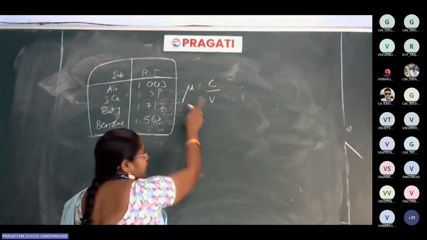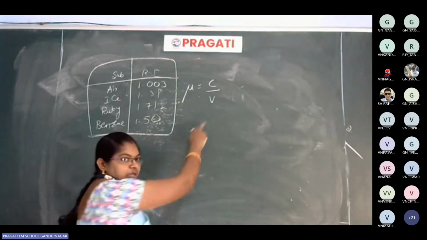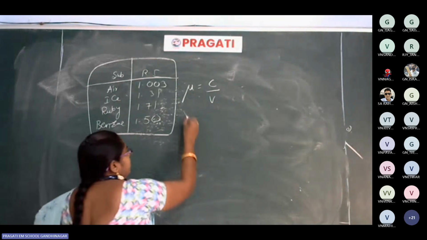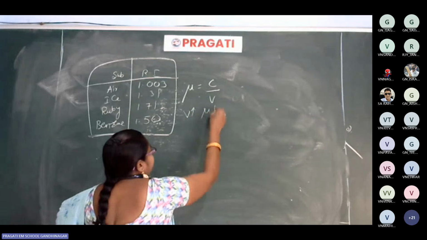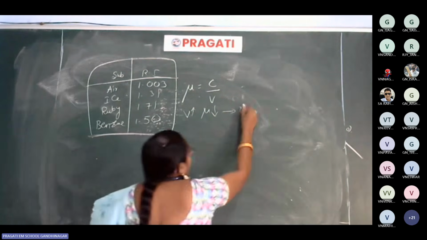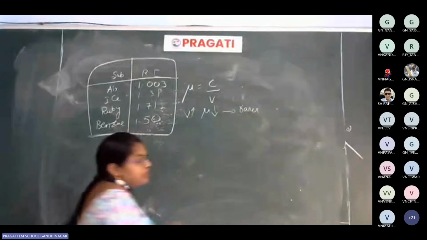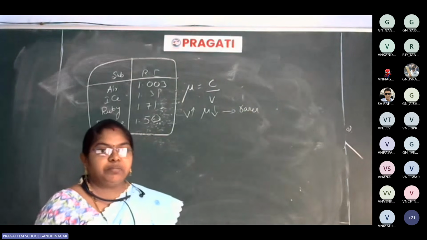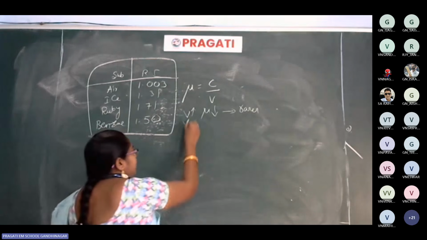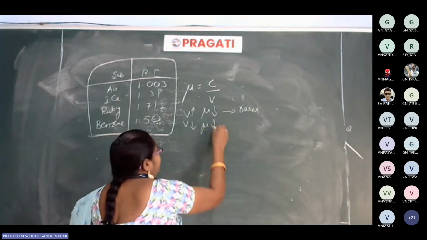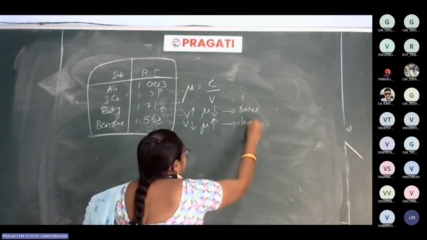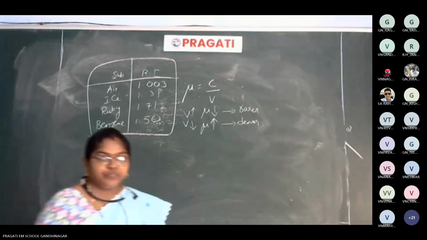These two are inversely proportional. If velocity increases, automatically refractive index decreases, and that medium acts as a rarer medium. If velocity decreases, mu increases, and that acts as a denser medium.